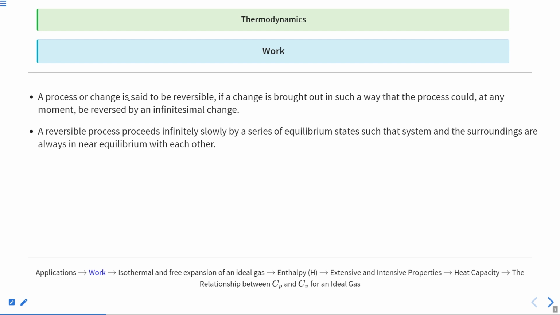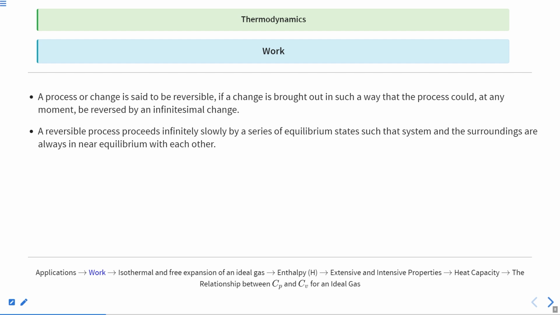Now, the basic definition is written here. A process is said to be reversible if a change is brought about in such a way that from any point of movement it can be reversed by an infinitesimally small change. A reversible process is very slow because it occurs through a number of equilibrium states. What is the meaning of this?